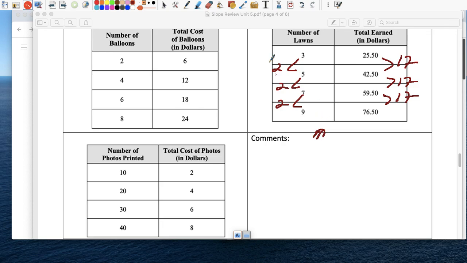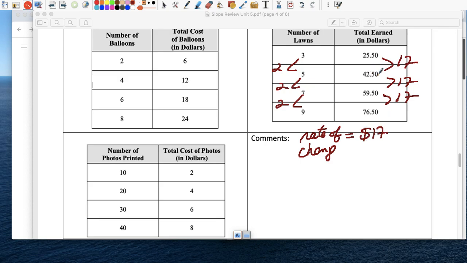So the slope or the rate of change. Remember it's always the change in y values. In this case, you're going to need to write the units. It's $17, right?